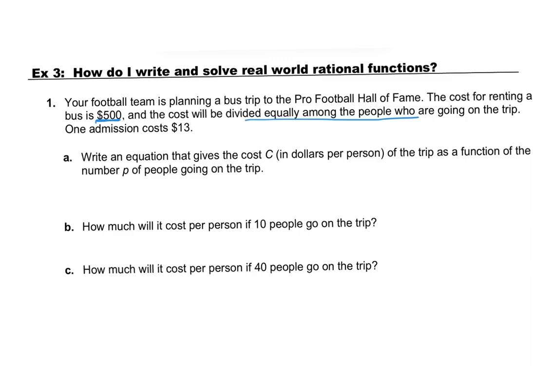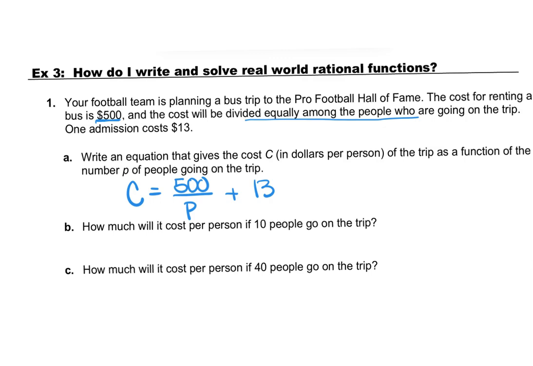One admission costs $13. So you're going to be paying the portion of the bus that is divided by the number of people, and then you'll be paying the $13 for the admission.